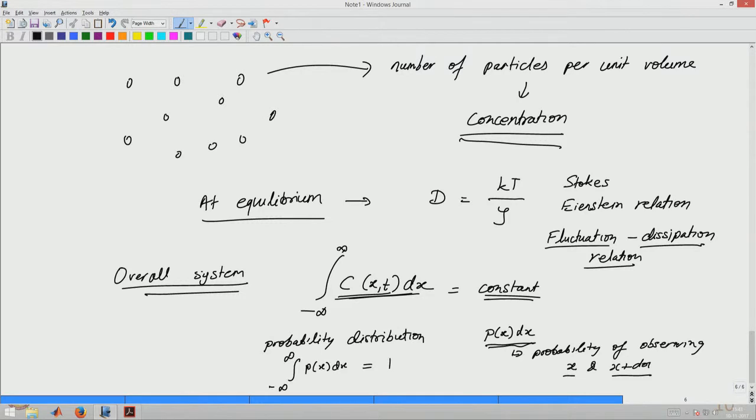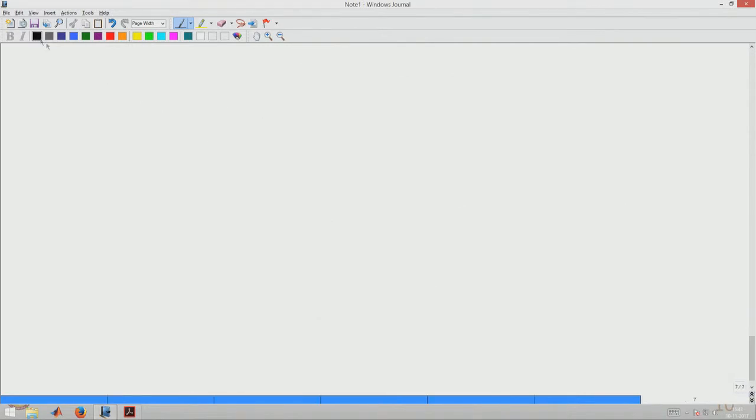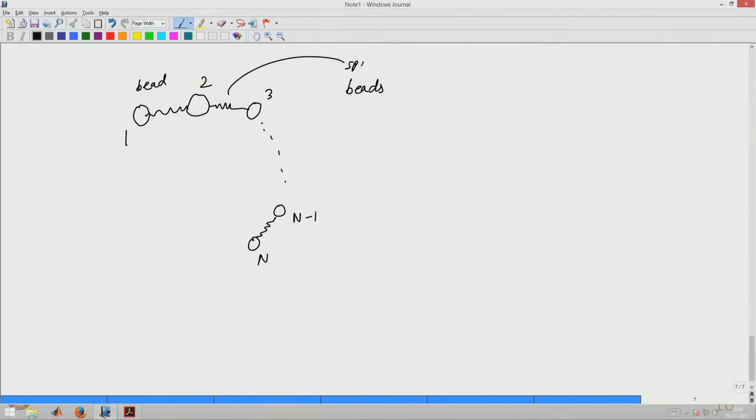The polymer system will be described using a bead spring chain model, and the basic idea of a bead spring chain model is the following: we have the polymer being depicted using beads, and the beads are connected to each other through springs. So, we have beads, several beads, n minus 1 and n, and we have beads and we have springs.